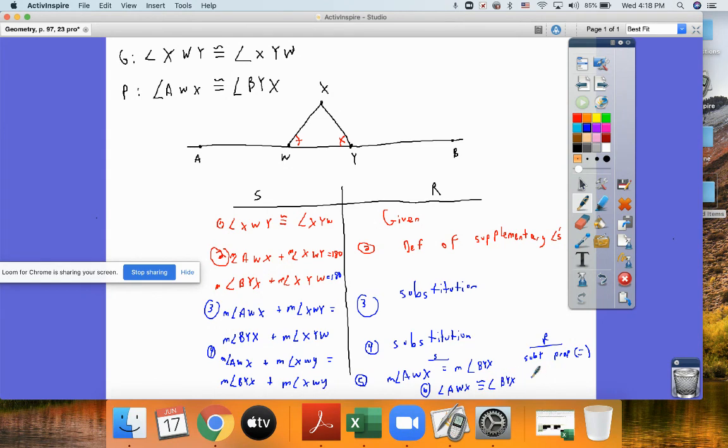And the reason for that is definition of congruent angles. If the measures are equal, then the angles are congruent. Done.